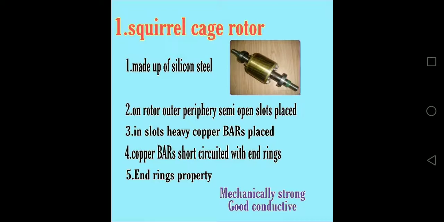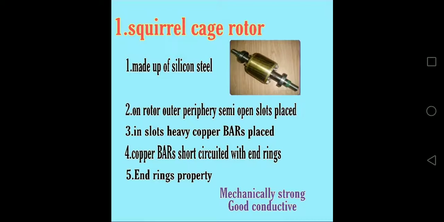Not only copper bars, but end rings are also a copper material. These end rings must provide a higher conductivity and be mechanically strong.